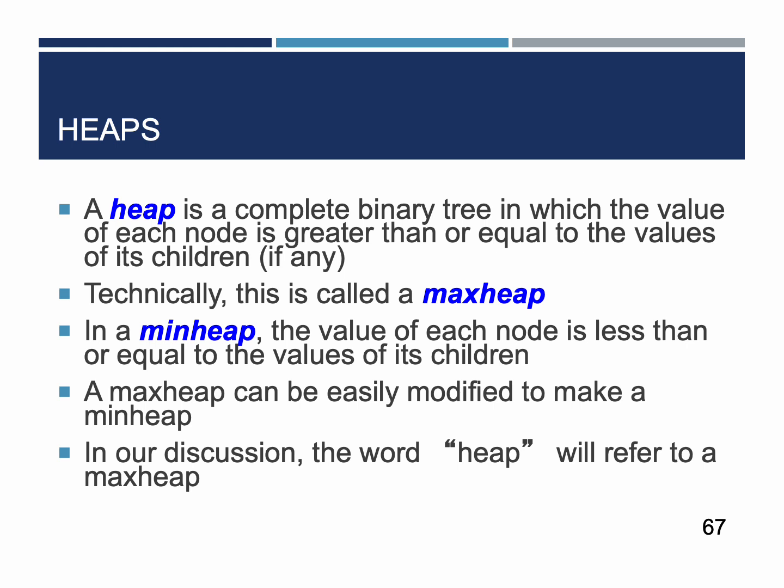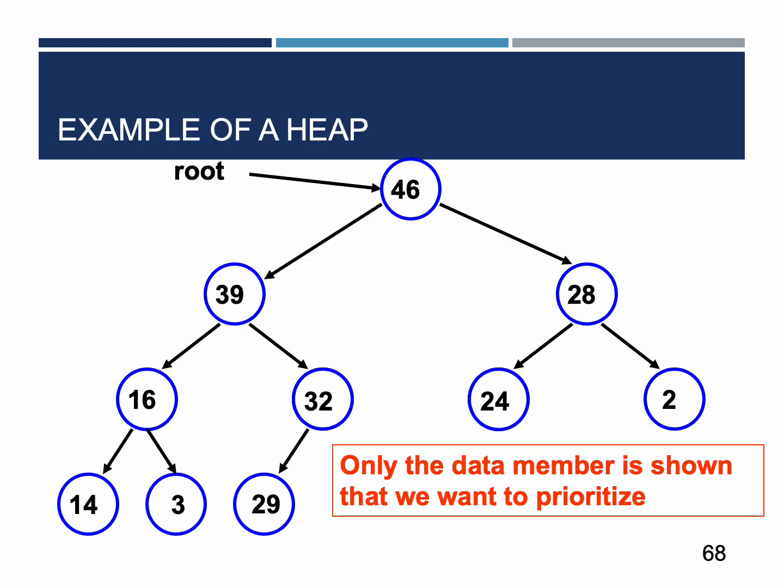So now we'll see an example here. We have a root which is 46, then it has two children, 39 and 28.